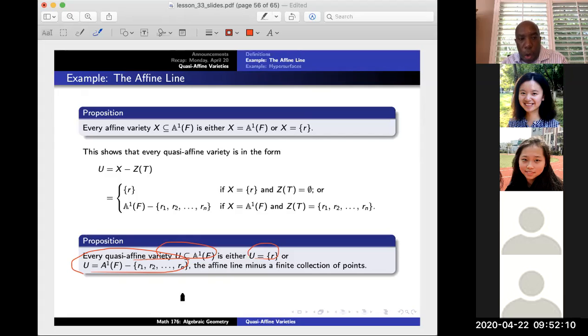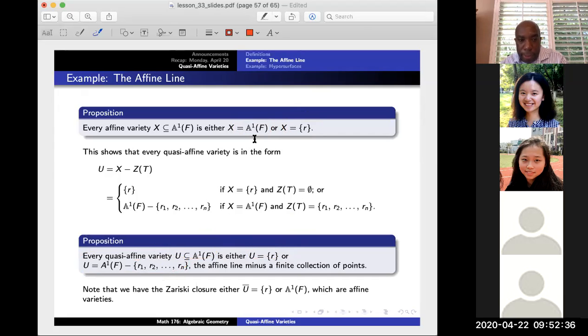Notice that this almost looks like what we had up here for affine varieties. Every quasi-affine could consist of 1 point. Well, if it consists of 1 point, that quasi-affine is actually an affine, or it can be the affine line minus a finite number of points. Well, that's the generalization of just being the affine line itself.